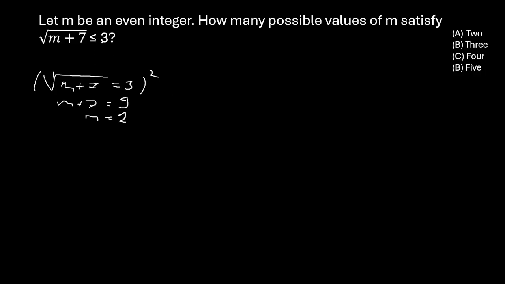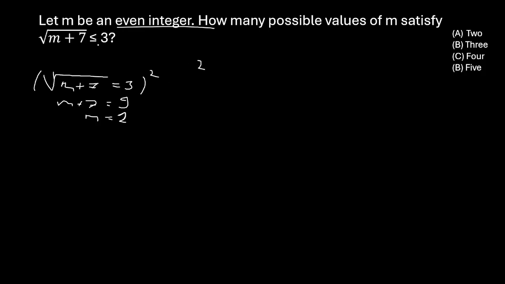Okay, so let's see the other possibility. What if this square root of m plus 7 is less than 3? Well, it's actually easy to solve because we know that m is an even integer. So m is 2 is a solution. What is the next one?